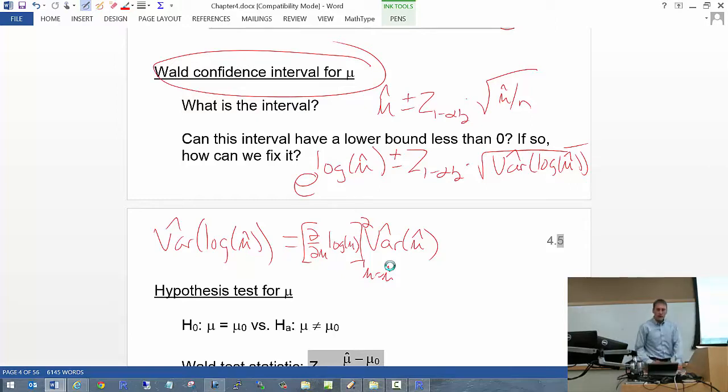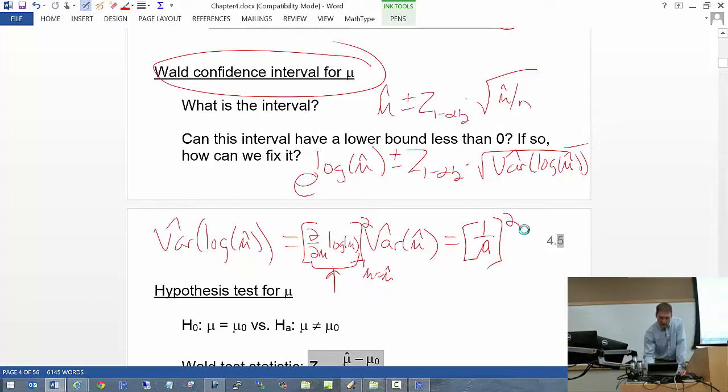So what is the derivative with respect to mu of log of mu? I know calculus isn't a prerequisite for this course, but I think most of you have had it. Yeah, 1 over mu. I'm going to evaluate it at mu hat, so we're going to put 1 over mu hat there.